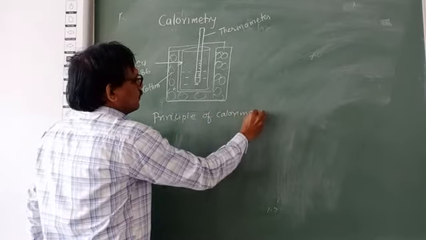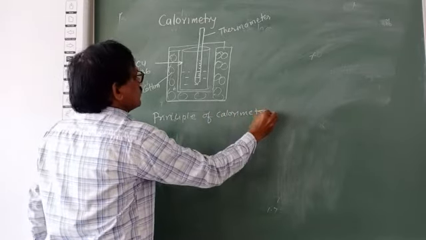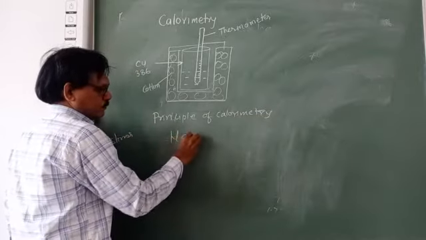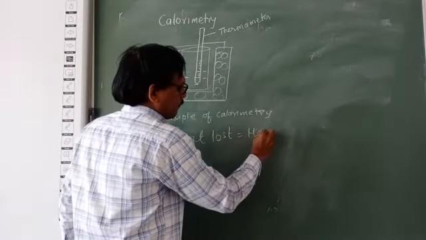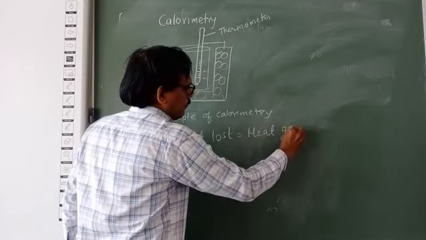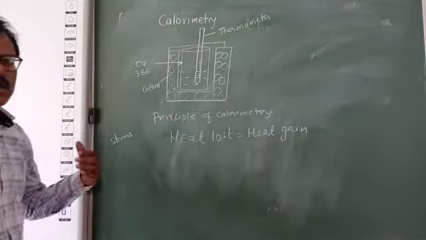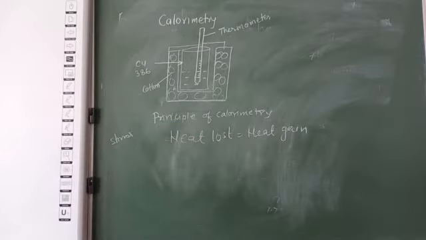Generally the heat is lost by the body which is at higher temperature and gained by the body which is at lower temperature. One simple example we can do here, but always subtract from the higher temperature to the lower temperature.